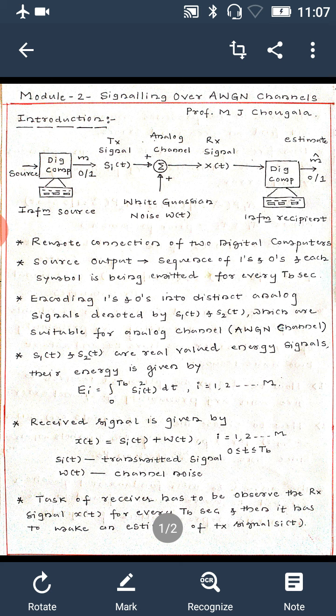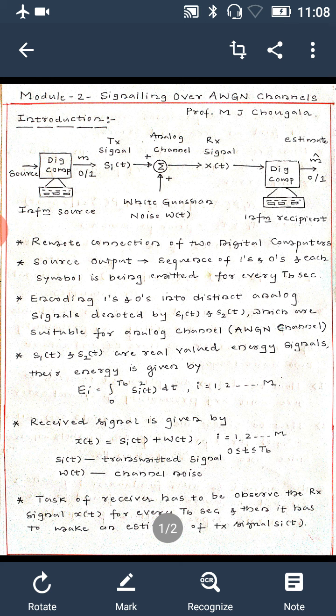Once the received signal is taken, it has to be given to the receiver, and the receiver has two tasks. It has to observe the received signal X of t, and based on it, make an estimate of the transmitted signal Si of t.